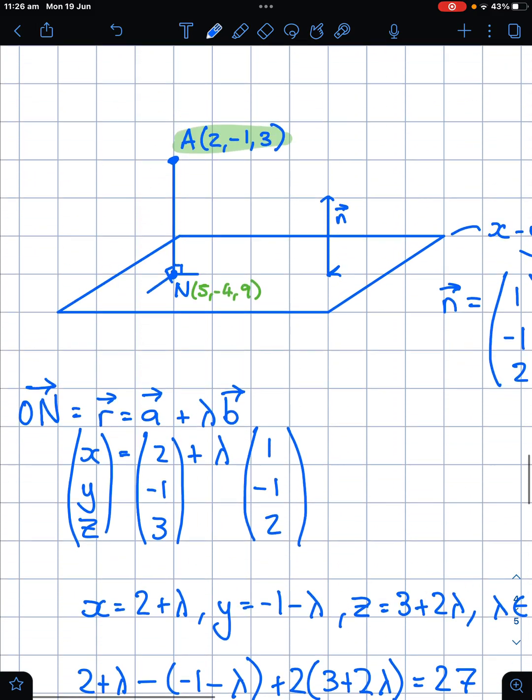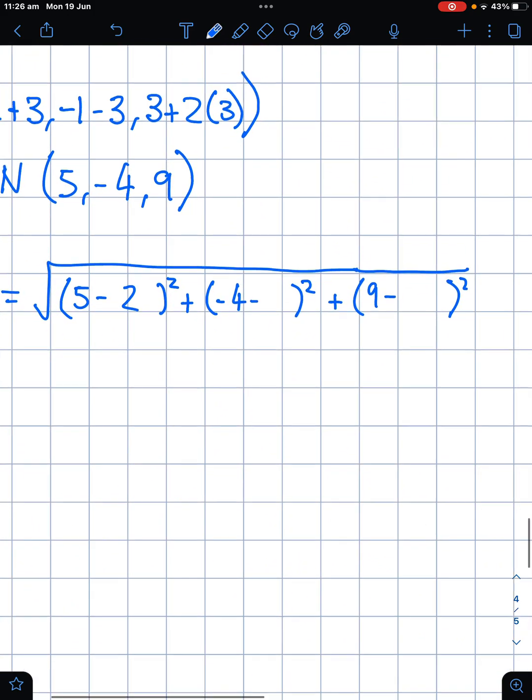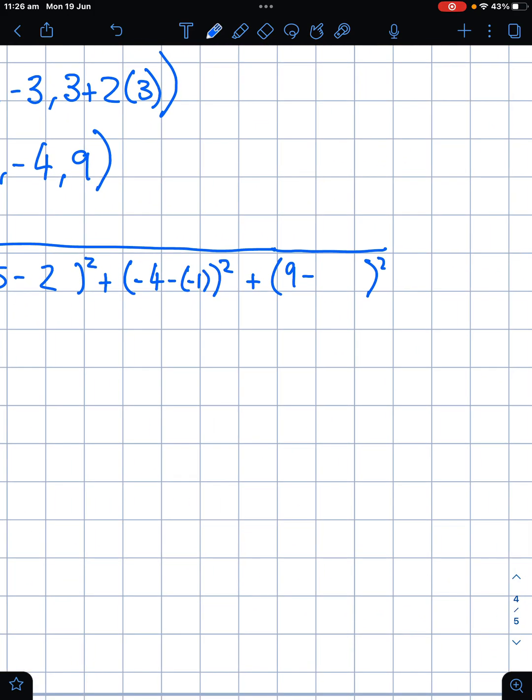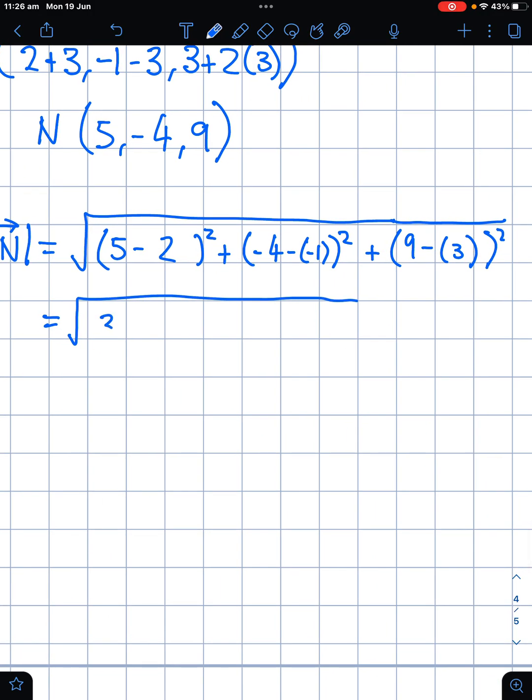So I'm sort of cutting corners here. 2, -1, and 3. So we're going to go 2, -1, and 3. And these values here are going to give us the square root of 5 take 2, which is 3 squared, and then -4 plus 1, which is -3 squared. So we've got two 9s there.